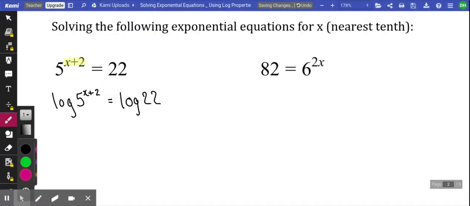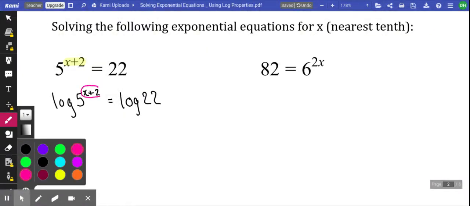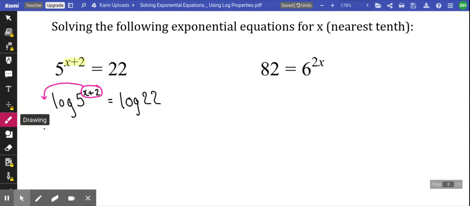Now I'm going to take advantage of our power property and transform this exponent into a coefficient. So we're going to have the quantity x plus 2 times the log of 5 equals the log of 22. And now I'm going to try to solve for x.